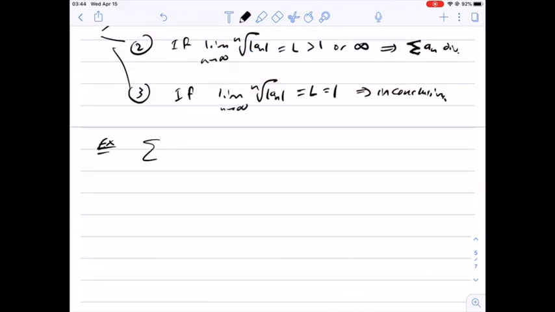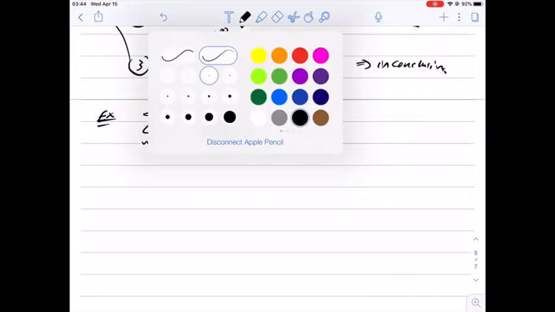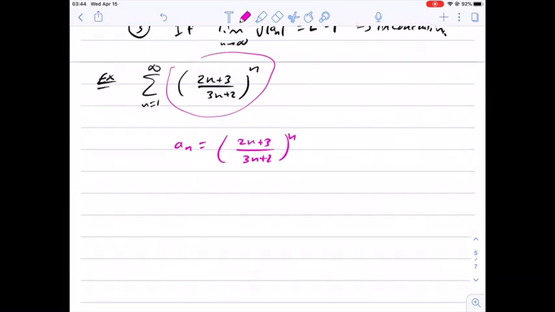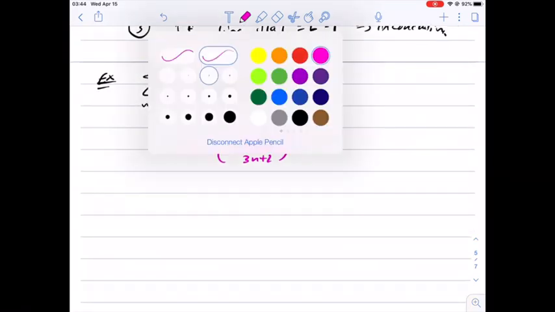Let's take some examples. For example, if we have the series of 2n plus 3 over 3n plus 2 raised to power n from 1 to infinity, in this case we determine a sub n. A sub n is this expression, 2n plus 3 over 3n plus 2 raised to power n.